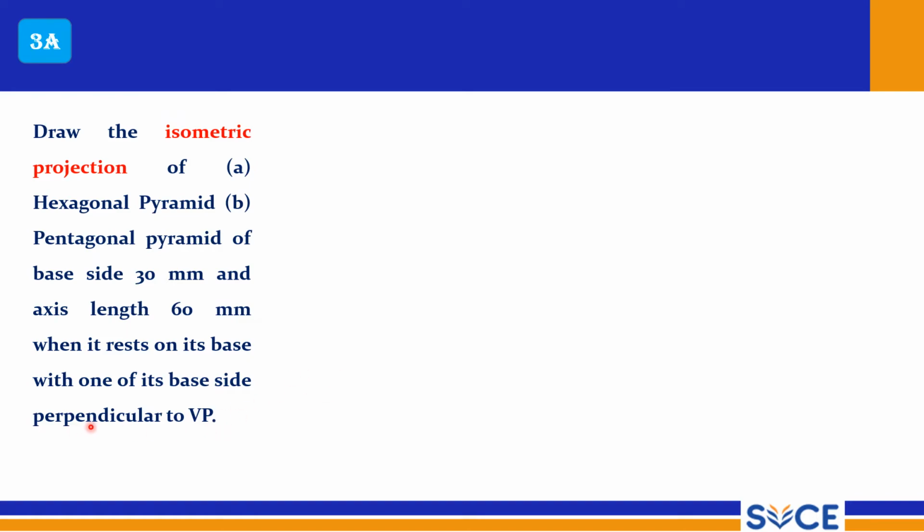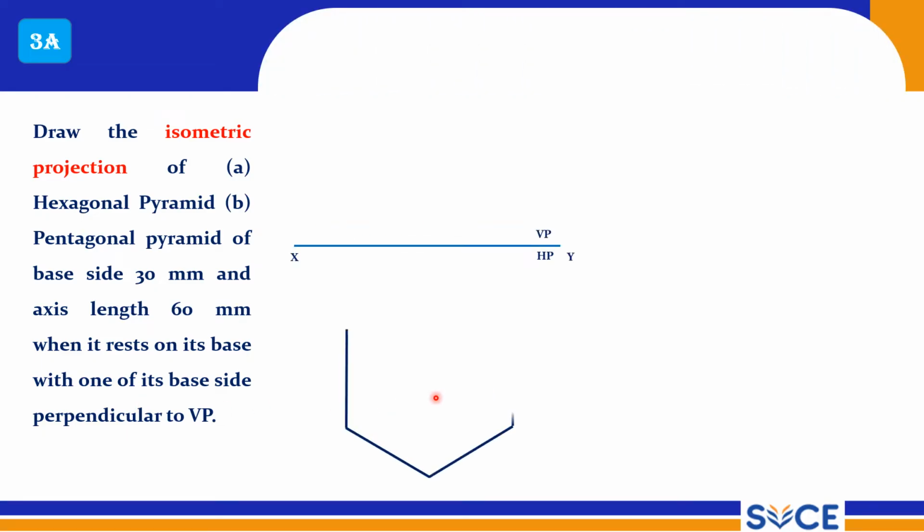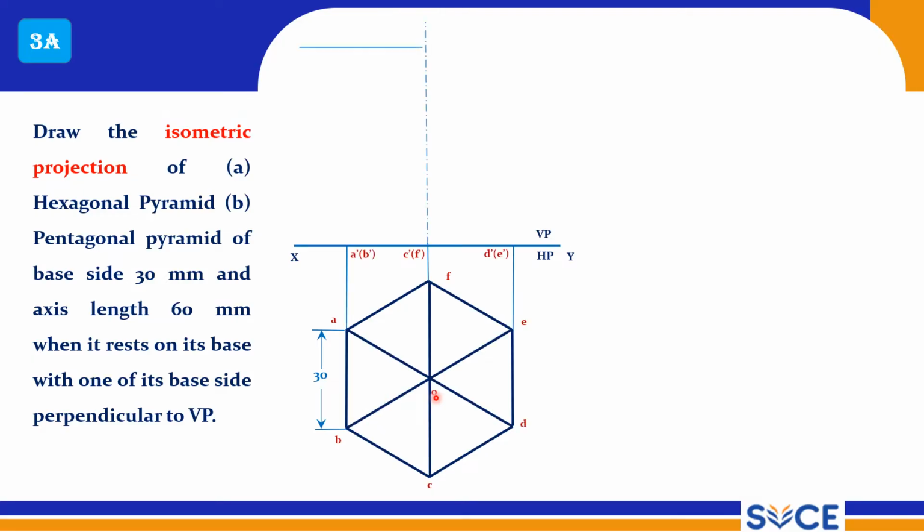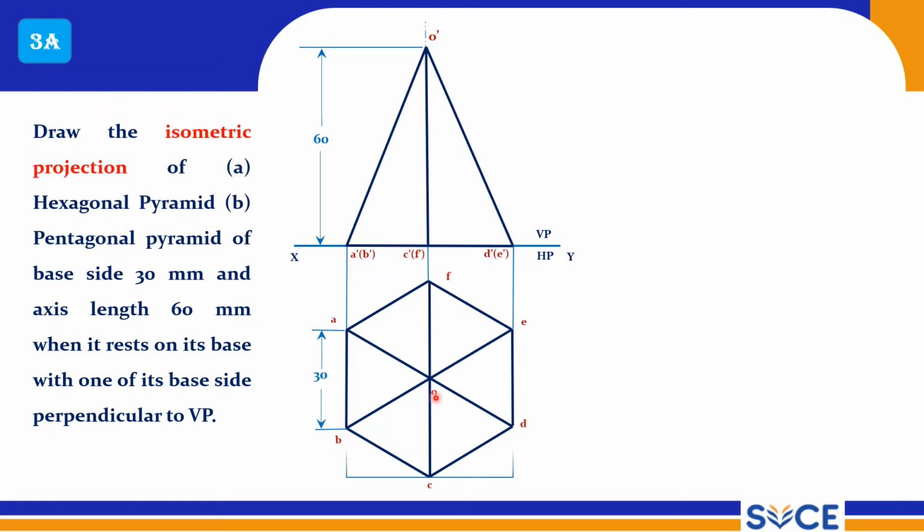You should draw a perpendicular line to the XY reference line, and you should draw the hexagon, right? It is 30 mm, and this is the front view and top view of the hexagonal pyramid, right? When one of its base edges is perpendicular to VP.